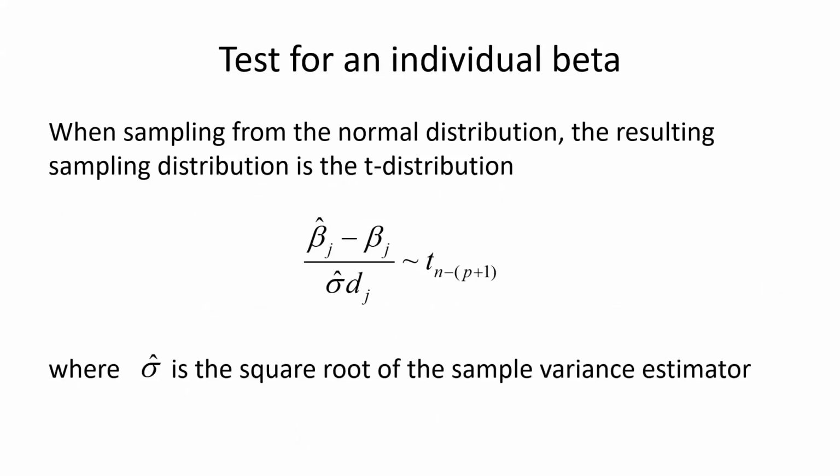Okay, now we know that the distribution of this expression is Gaussian when sigma is known. That means that, with sigma estimated, the sampling distribution is t. And t looks very much like a Gaussian.